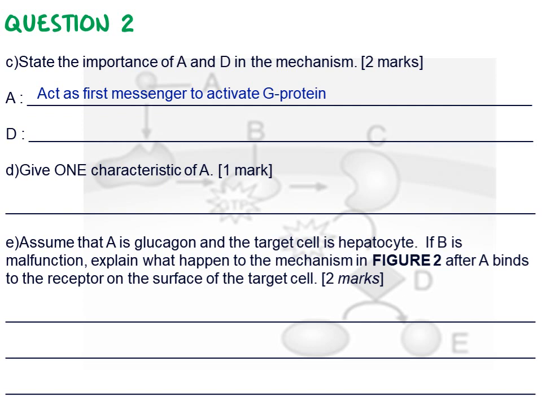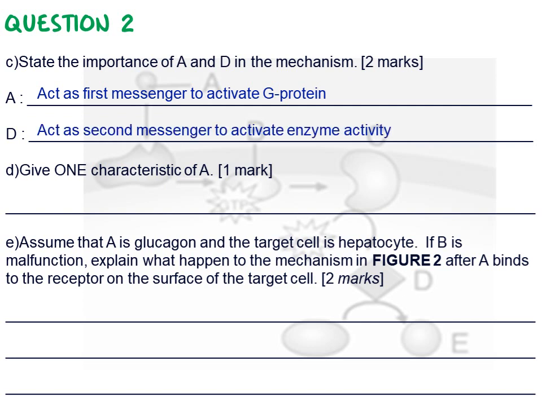First messenger for what? To activate G protein. So you must answer act as first messenger to activate G protein. In turn G protein akan activate the adenylyl cyclase. Ataupun boleh ganti jawapan you dengan act as first messenger to activate B.